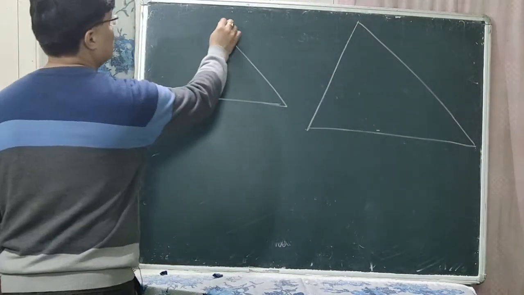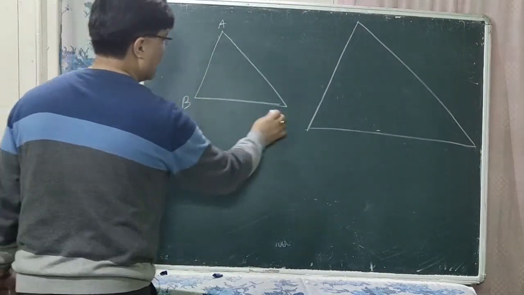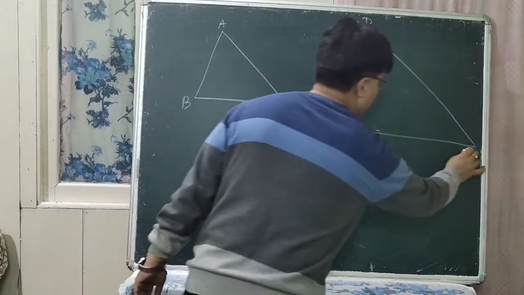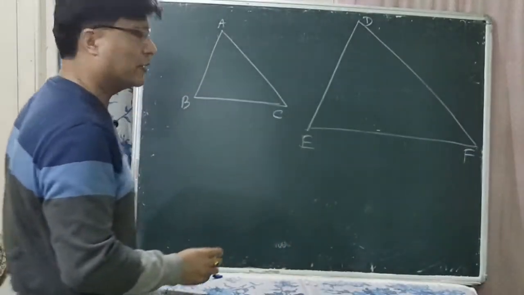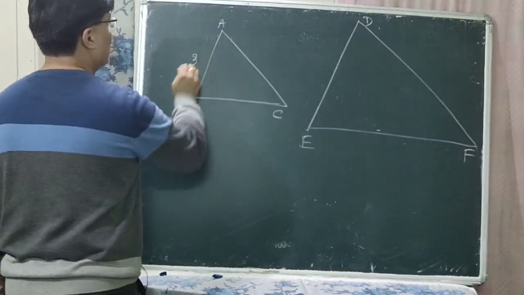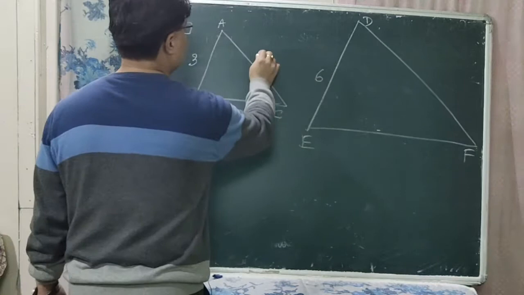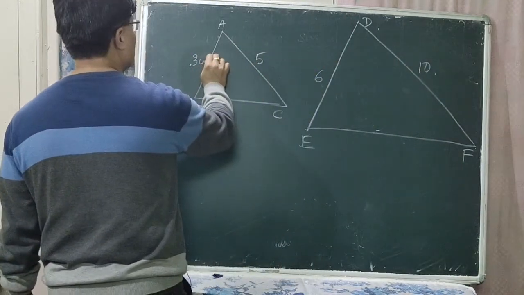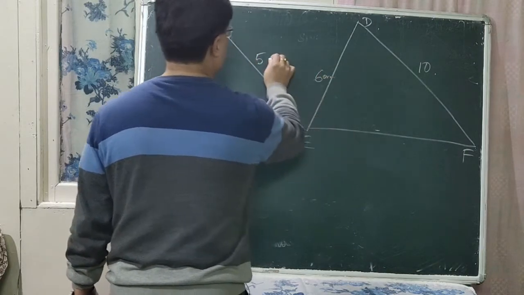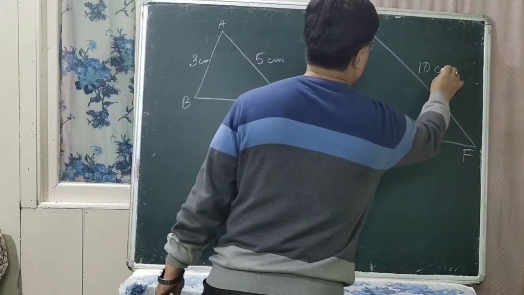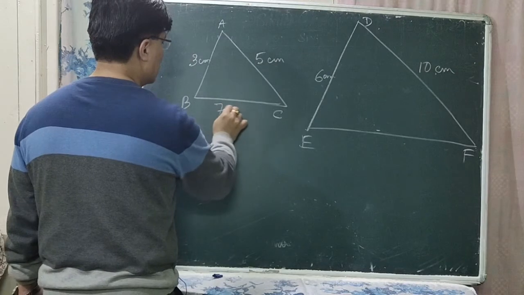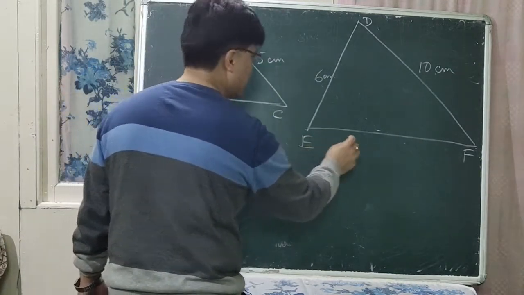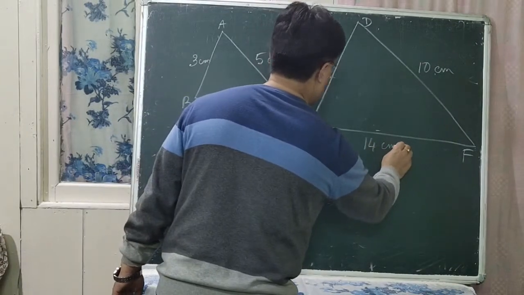Now this is your ABC and this is your DEF. Suppose this is 3 and this is 6, this is 5 and this is 10. So this is 3 centimeter, this is 6 centimeter, this is 5 centimeter, this is 10 centimeter, this is 7 centimeter, and this one is 14 centimeter, right?